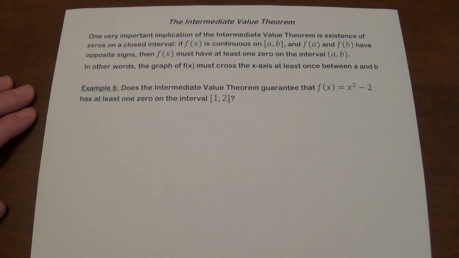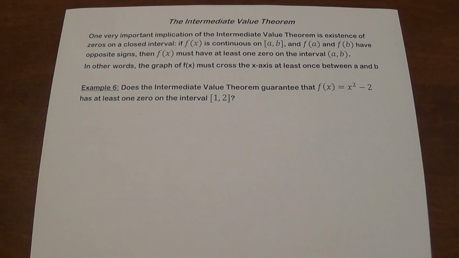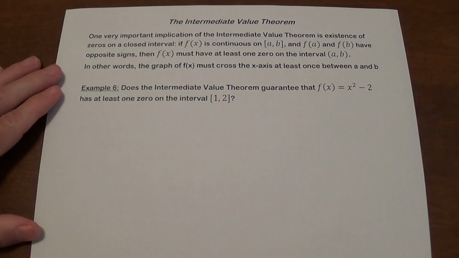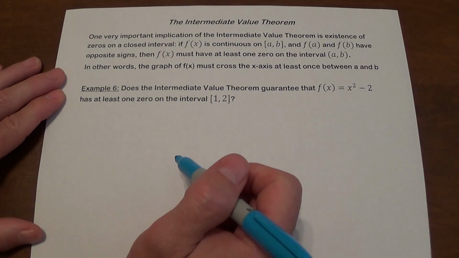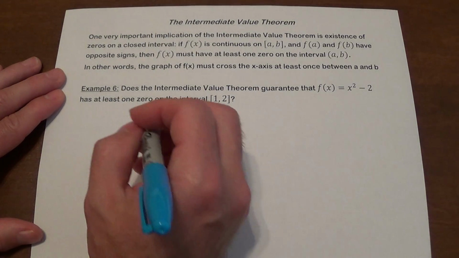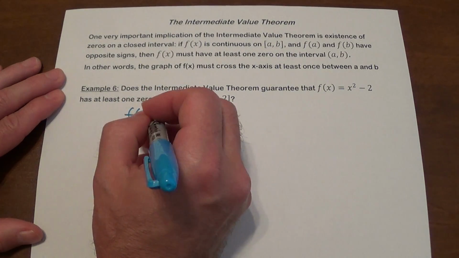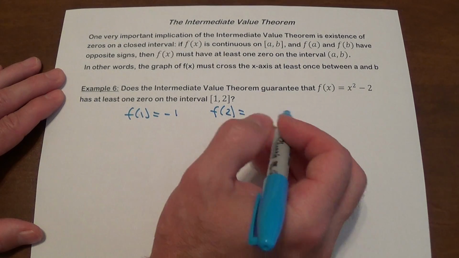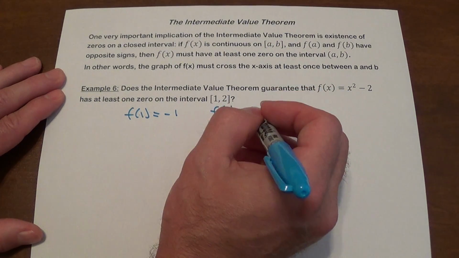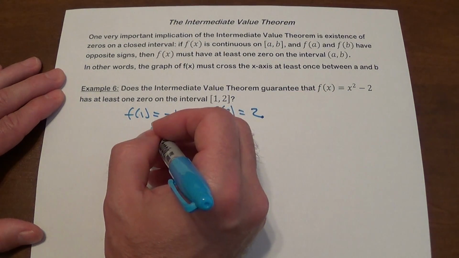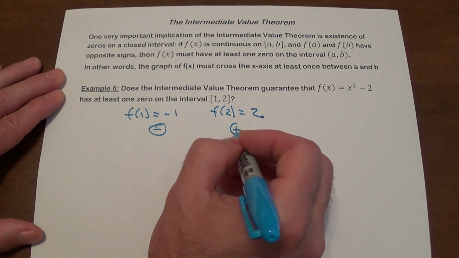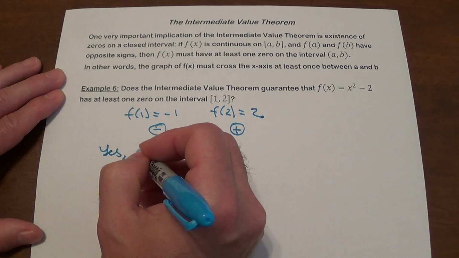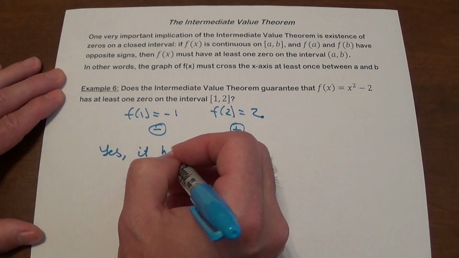In other words, the function must cross the x-axis at least once. And then the question is, does the intermediate value theorem guarantee that f of x equals x squared minus 2 has at least 1 zero on the interval from 1 to 2? Let's find out. F of 1 is going to be negative 1. F of 2 is going to be 4 minus 2, 2. 1's negative, 1's positive. Yes, it has at least 1 zero.